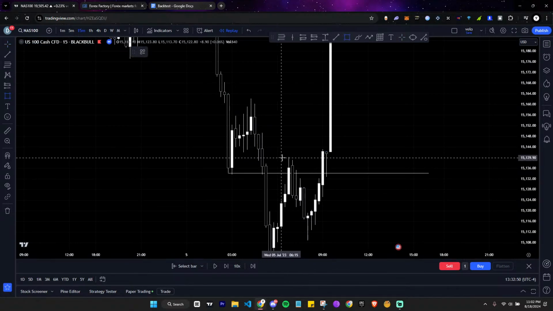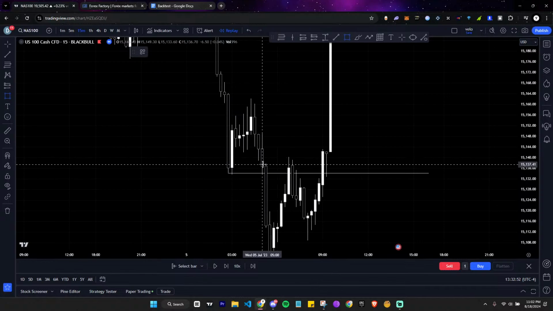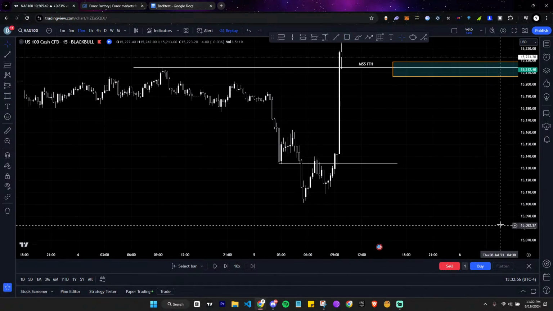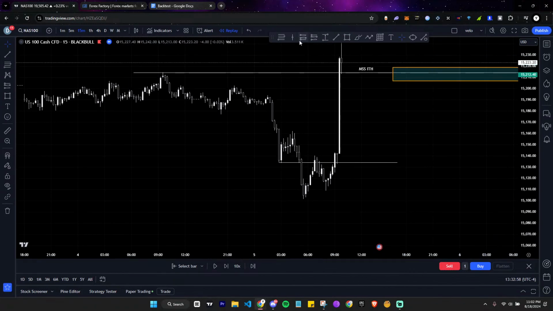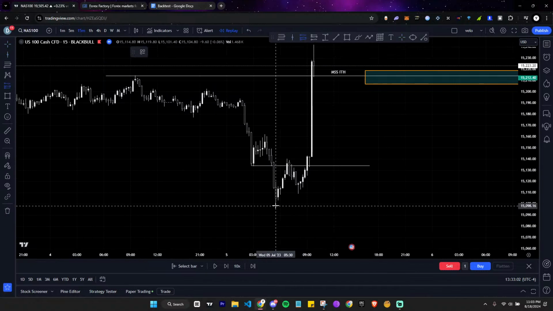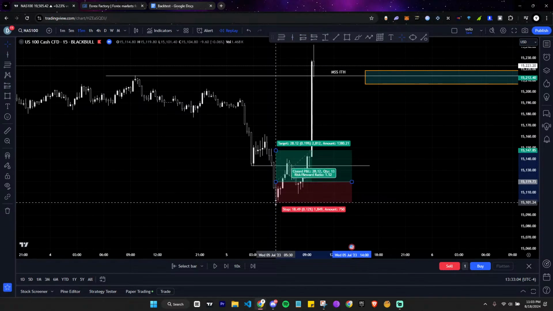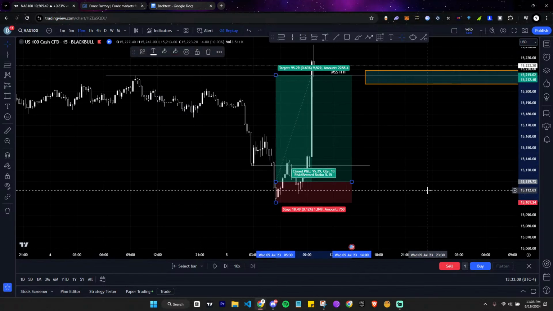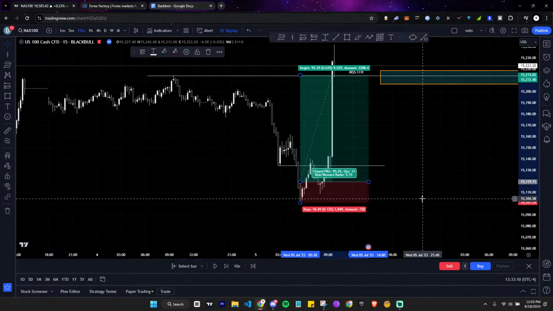But it got wicked into over here, so this is basically mitigated at that point, so it's invalid. So basically in that scenario, you cannot really consider that. But if you do entry off, say for example, an order block, right? Like if you expect price, like if it's that type of situation, and then you entry off this and then target these, you get a 1 to 5.